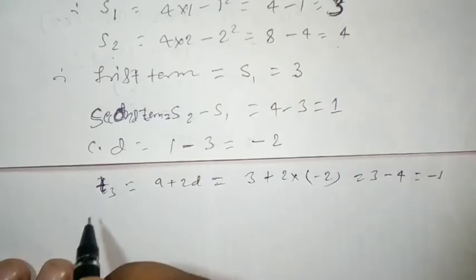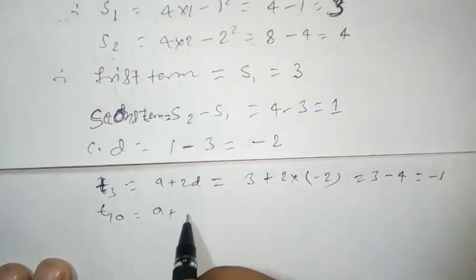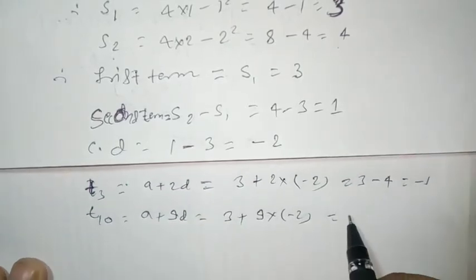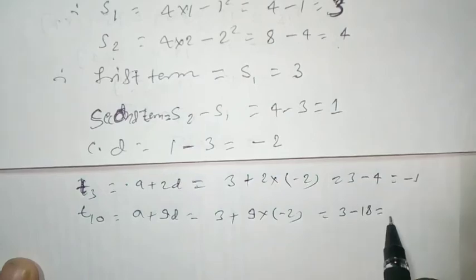10th term T10 is equal to a plus 9d is equal to 3 plus 9 into minus 2 is equal to 3 minus 18 is equal to minus 15.